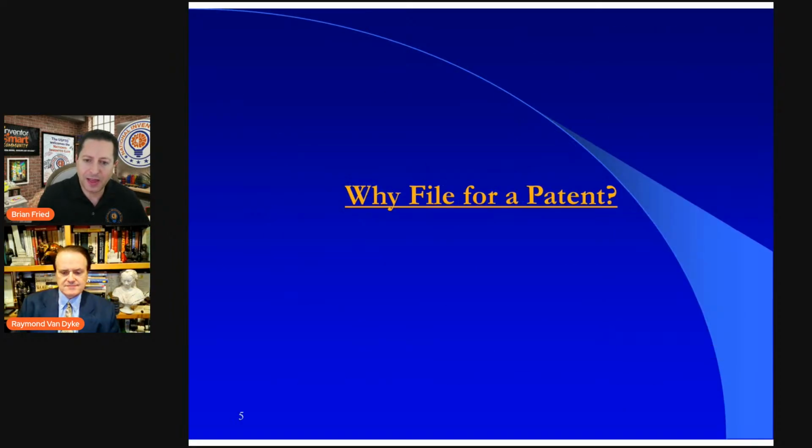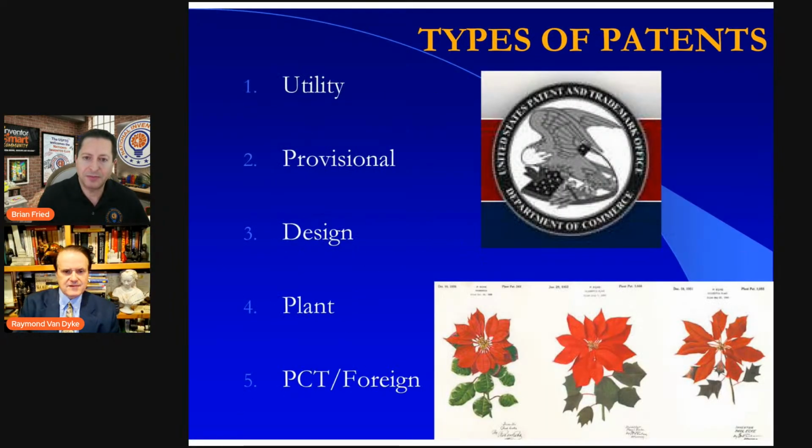I think you're on slide 7, right? Yeah. There's different types of patents. There's utility patents, which is the main one we're going to talk about. There's provisional patenting, which is an informal way to pursue a utility patent. We'll talk about that. There's design patents, which we'll talk about in the next slide. And a plant patent is one of the really rare ones.